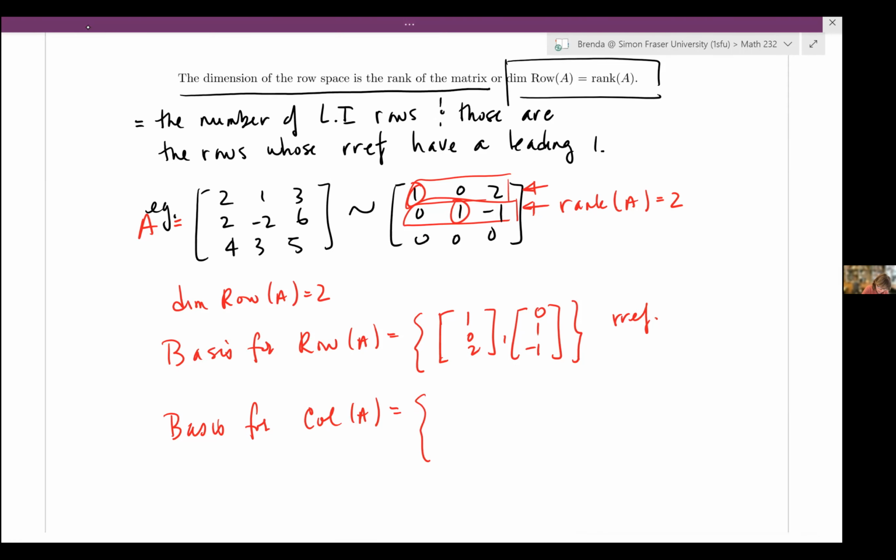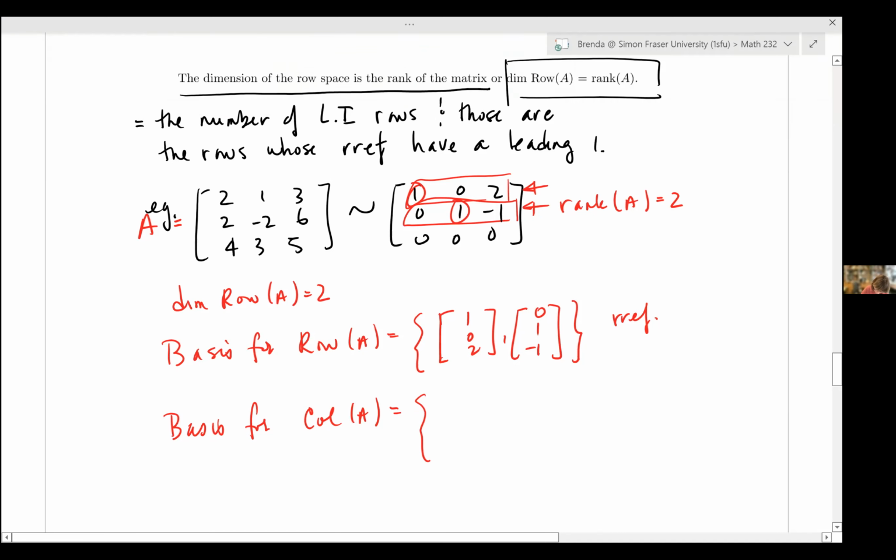I am looking again at the leading ones, and I'm identifying this column and this column as being the columns I care about, but I am not putting these numbers in as the basis of the column space. I am putting in the equivalent columns from the original matrix. Please note this difference, and think about why it has to be this way. So this is the basis for the column space.